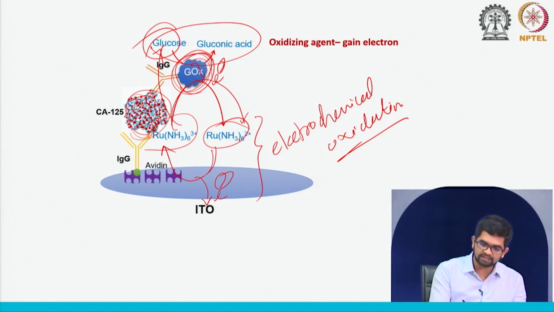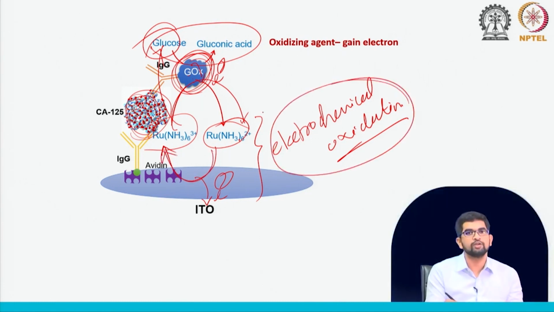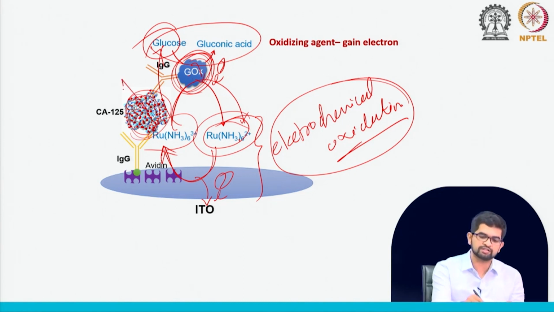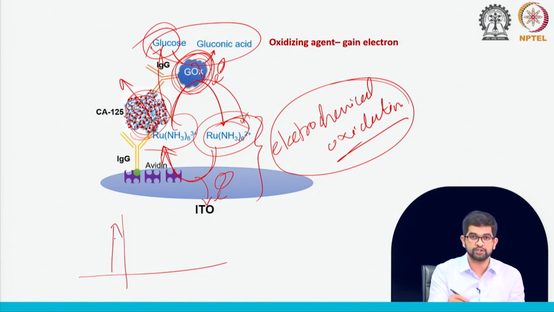So, then this electron transfer rate, the electrochemical oxidation rate, will be increased, right. Because the concentration of ruthenium hexamine 2 plus will be increased, naturally you will get more current, right. So, this way we can determine the concentration of the target. There is some output, if we can measure with some different technique, I will teach you after some classes.